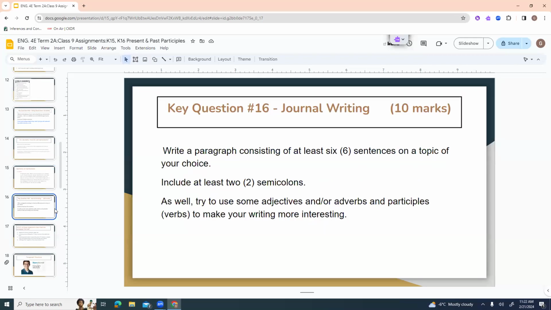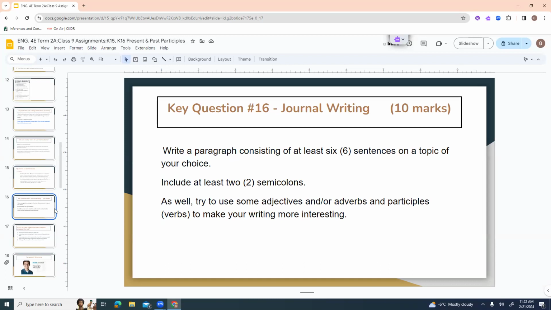All right. Key question number 16 is a journal writing assignment, and it's worth 10 marks. They want you to write a paragraph consisting of at least 6 sentences on a topic of your choice. Try to include at least 2 semicolons in 2 of your sentences.